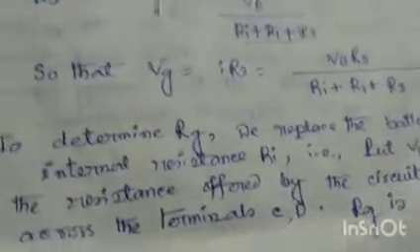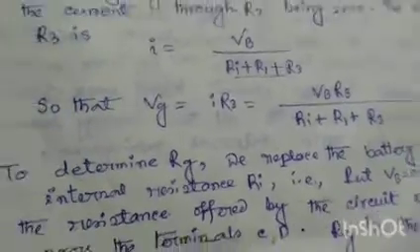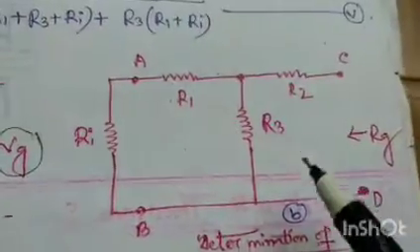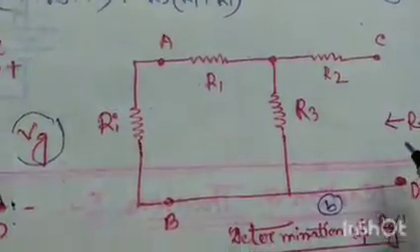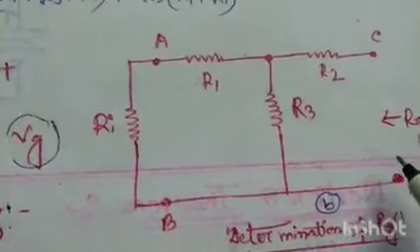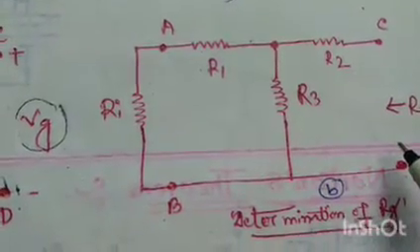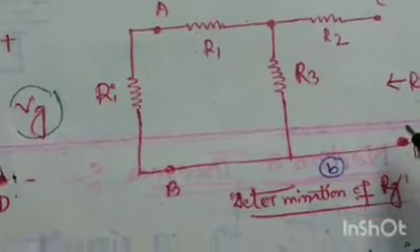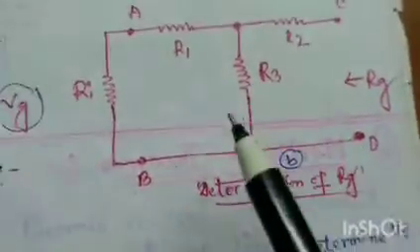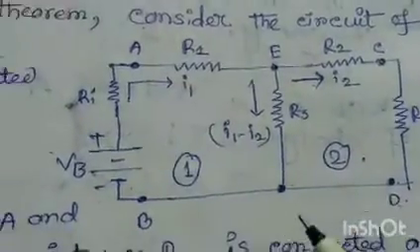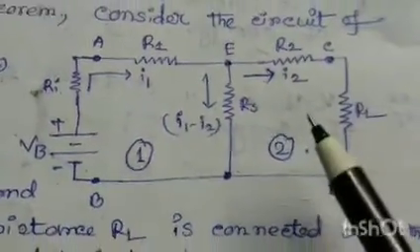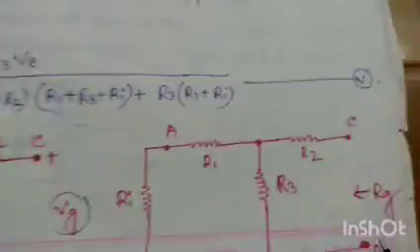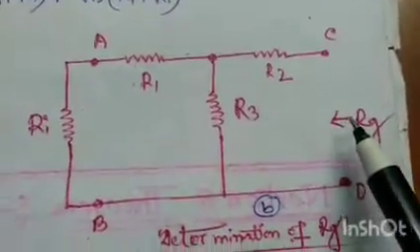Now calculate the resistance Rg. What is Rg? Rg is the resistance of the circuit looking back from these terminals with all the energy sources replaced by their internal resistance. So these circuits should be replaced by these circuits.